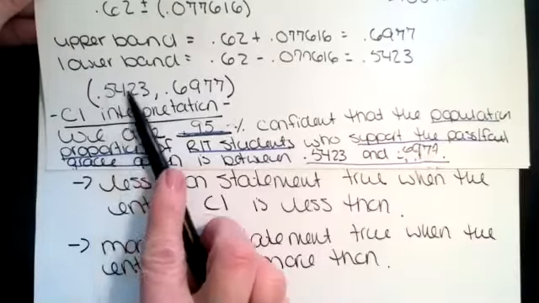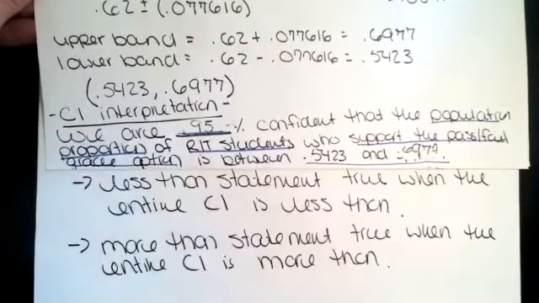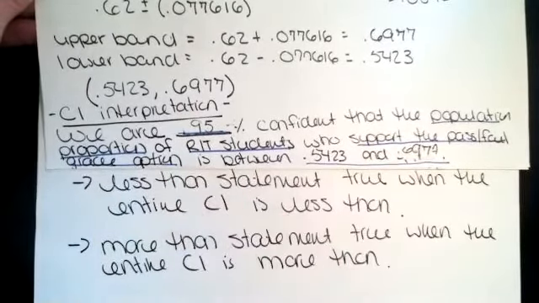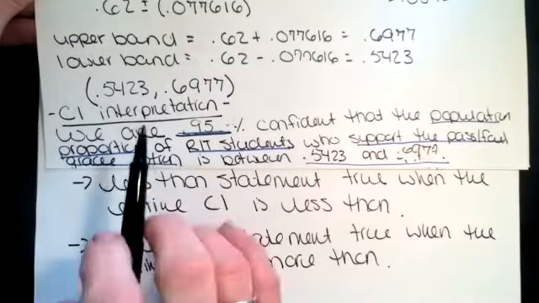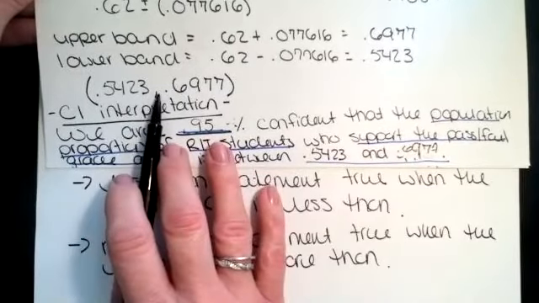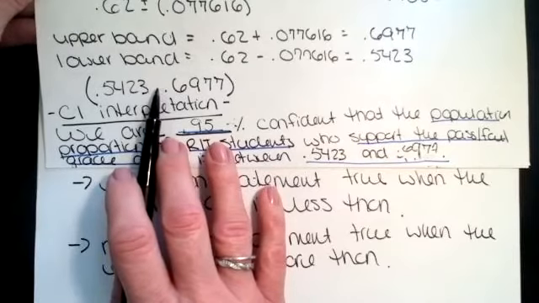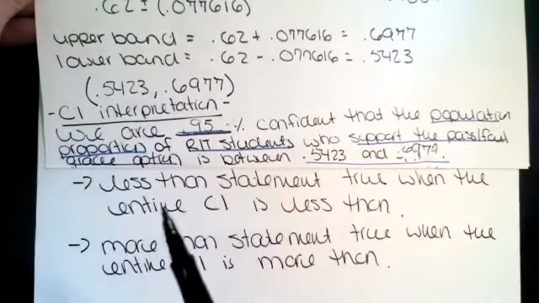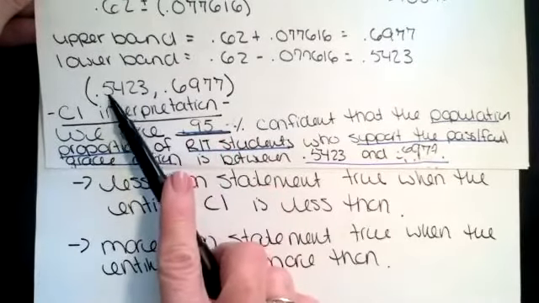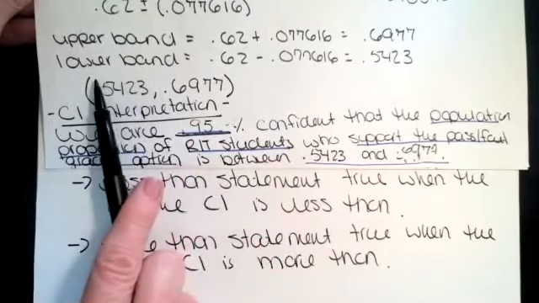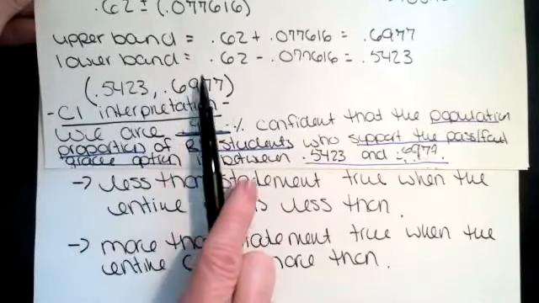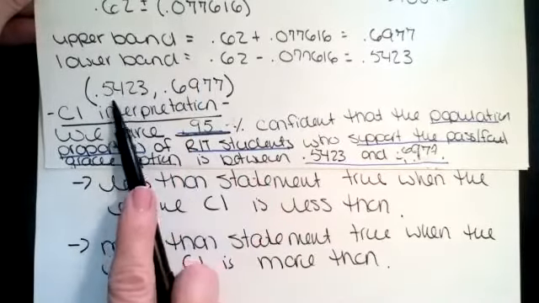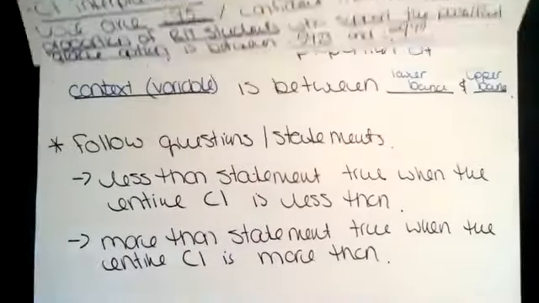Well, yes, because my entire CI is greater than. So yeah, that is true. Okay. It would not be true if you said 55. If you said more than 55% of the students say that it's true, that's not true because you have a number that goes below 55, right? 54. I don't care if it's right close to the edge. If it's closer to this edge, it doesn't matter. If that number is inside my CI, that's not true.